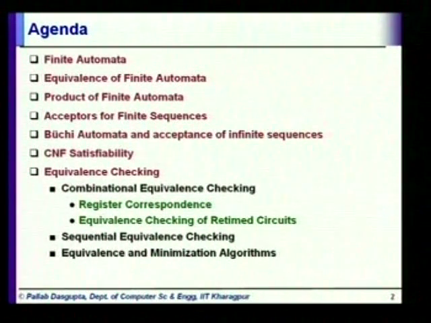Then we are going to look at the equivalence checking problem, where we will look at combinational equivalence checking and sequential equivalence checking. And finally, we are also going to look at some algorithms for equivalence checking and state minimization.